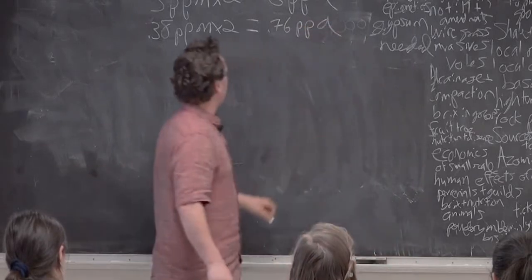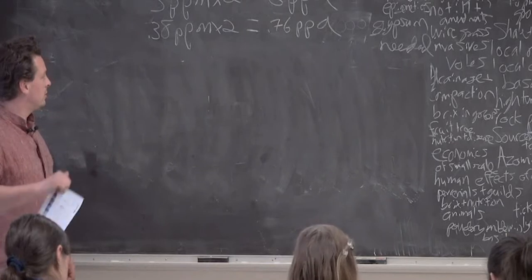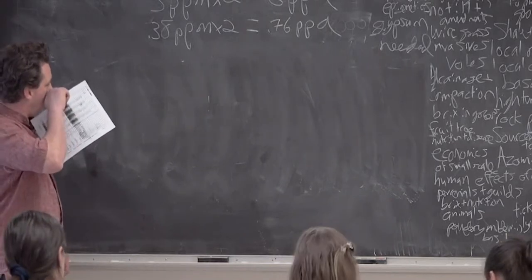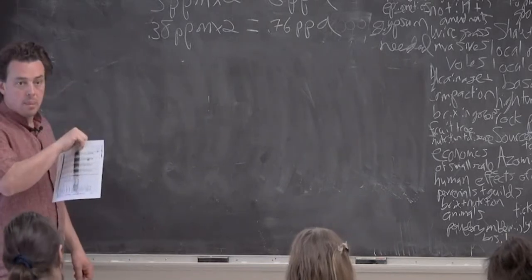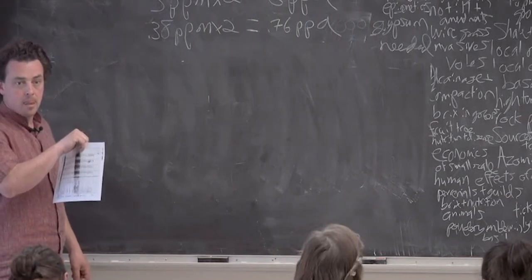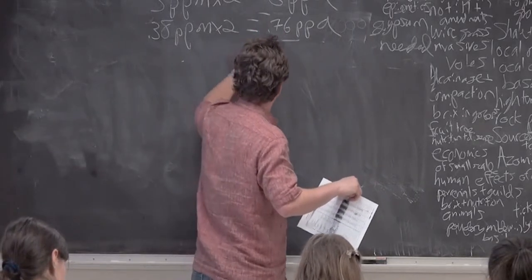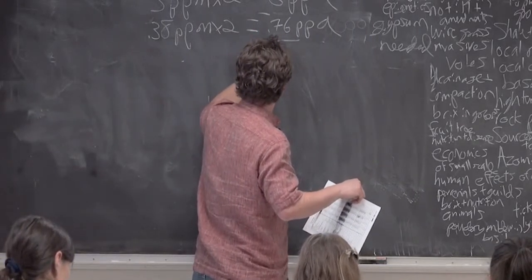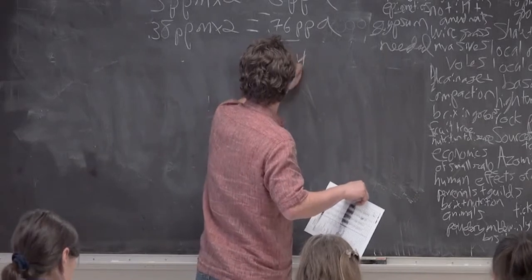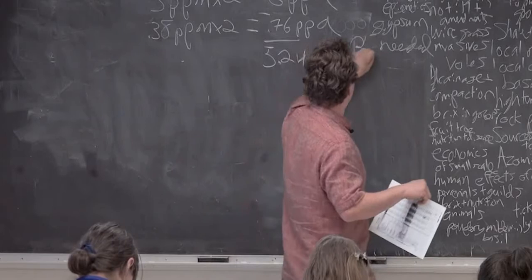Do that times 2 to give you your pounds. All set? Then subtract 0.70. And 5.24 pounds per acre of boron.